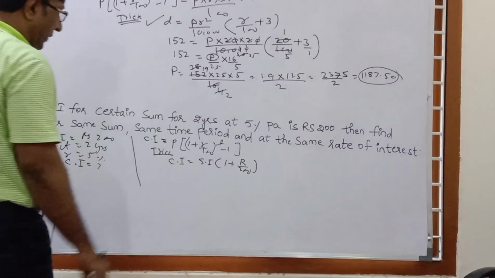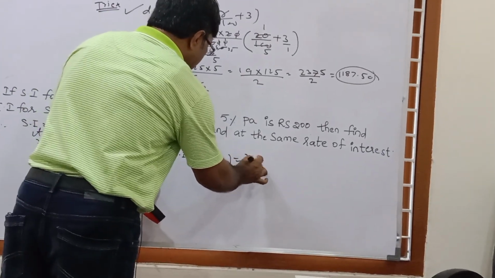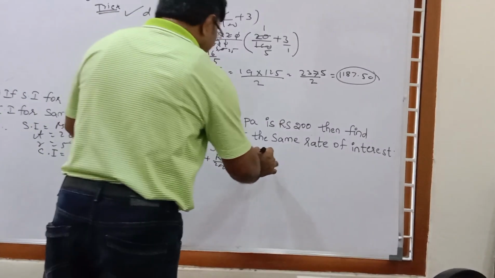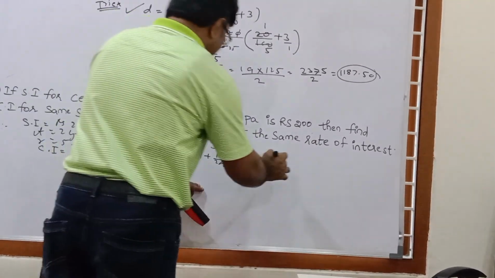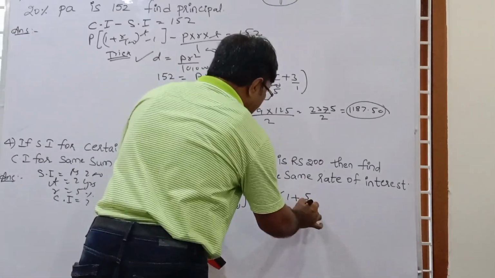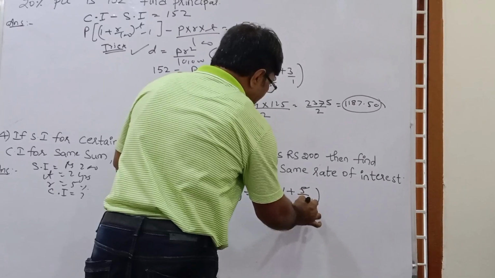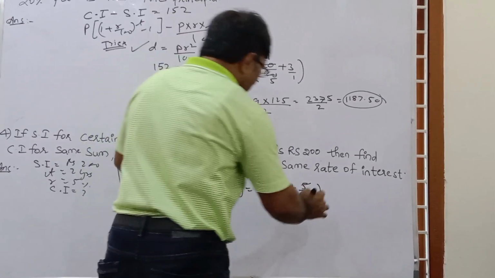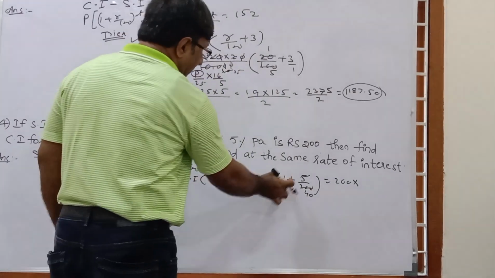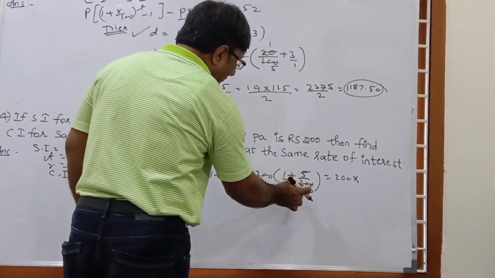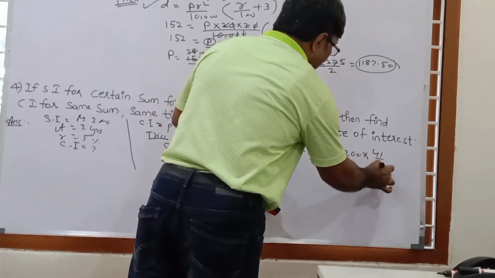Here simple interest is given as 200 and the rate is 5%, so this is 5 by 200. Now 5 into 4 is 20, so this is 1 by 40. So 200 into (1 plus 1 by 40), which is 41 upon 40.